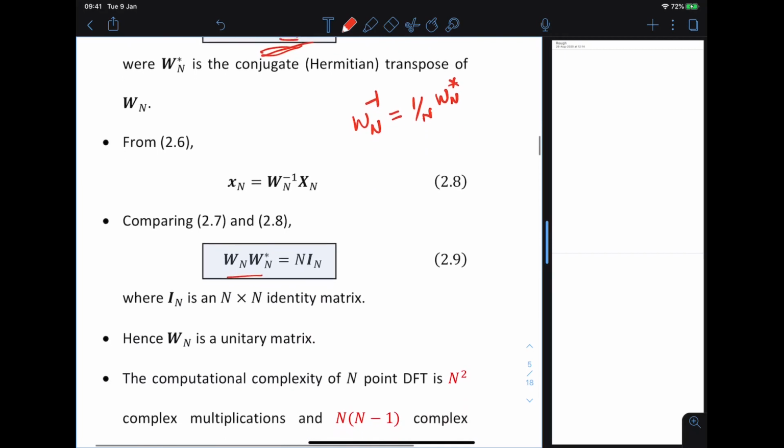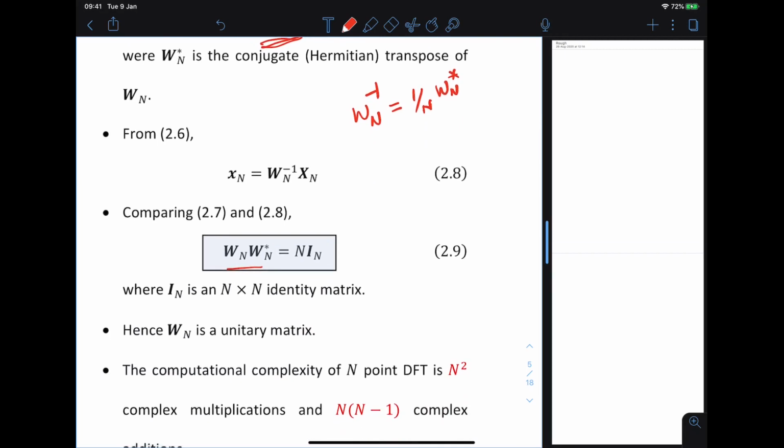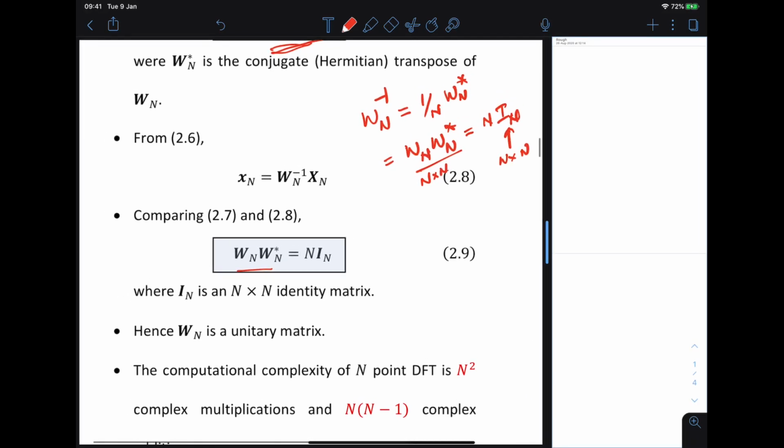Now if I take it to the other side, what will I get? W_N into W_N conjugate is equal to... this is an N by N matrix, because both are N by N. When you multiply them, you will also get an N by N matrix. So it will not be equal to just N. It will be N into I_N, where I_N is an N by N identity matrix.